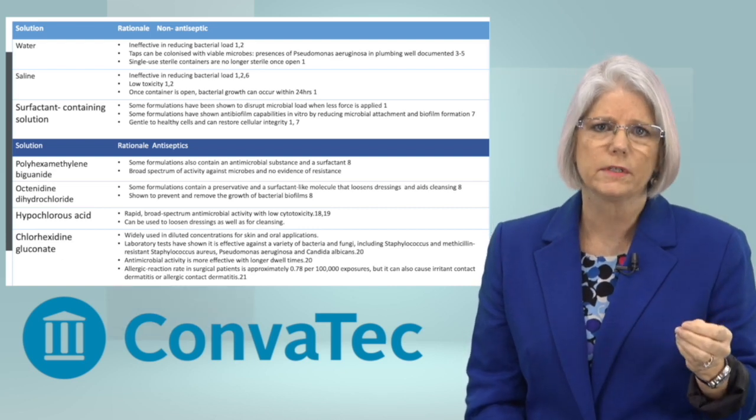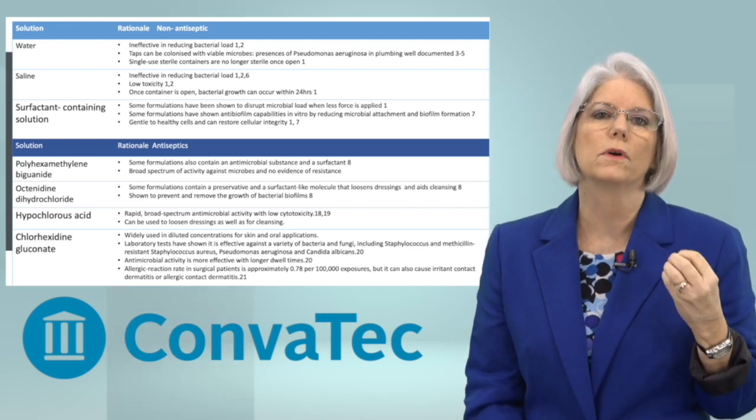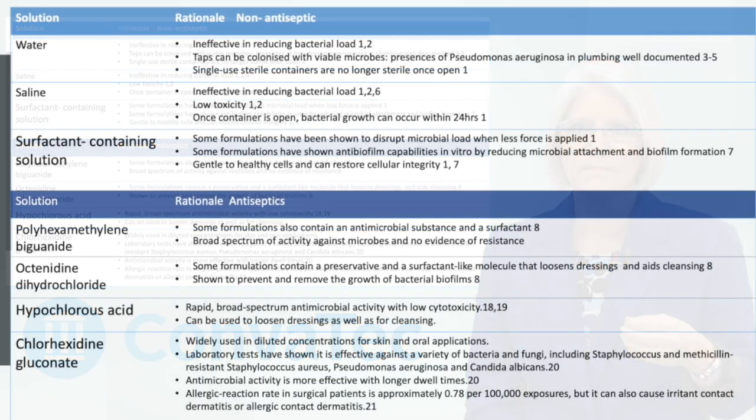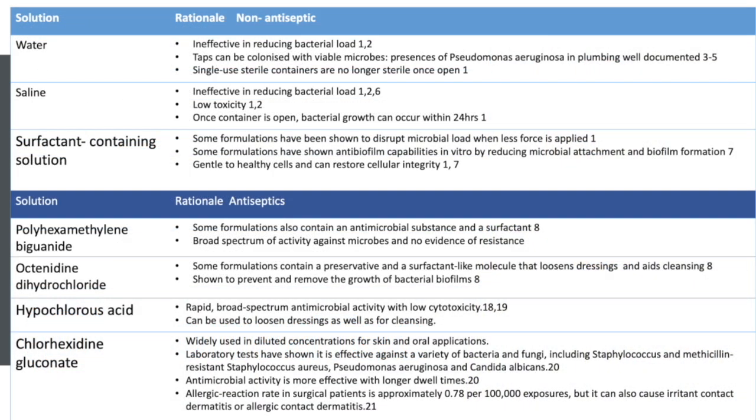I've talked previously about options for wound cleansing, that the water and the normal saline do not have bactericidal properties in themselves. With the saline you have to throw away after 24 hours, and with the water they're single use.